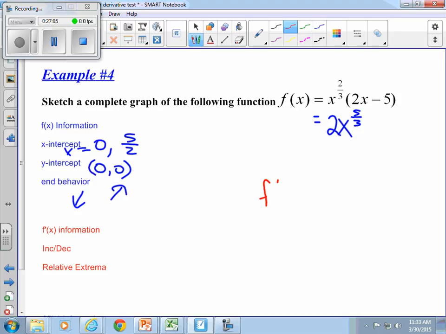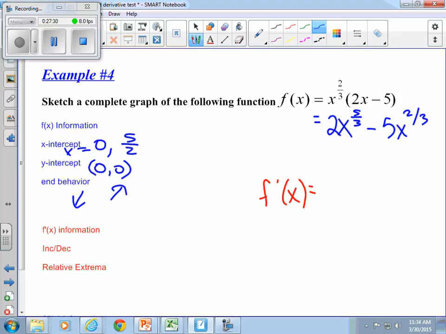The derivative. There are 2 ways you could work this derivative. Someone give me the 2 ways. I can do product chain rule, or I could finish this thought that I have right here. I just distributed the x to the 2/3 to both pieces, added exponents. Okay.